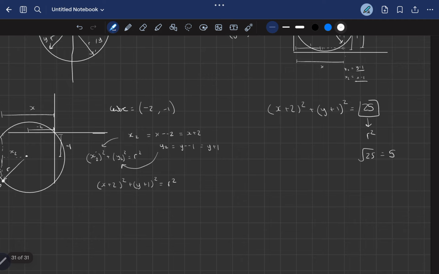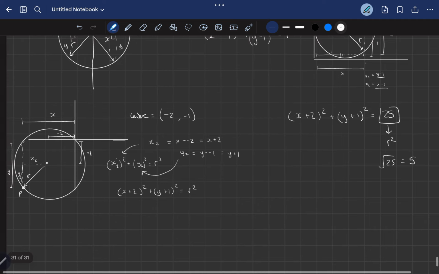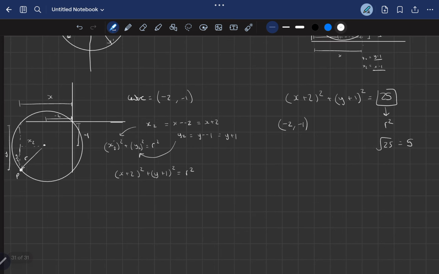Now, based on what we did earlier, which is the same as this, we just know that the center is negative 2, comma negative 1. But why? This comes from the general form. The general form is x minus a squared plus y minus b squared is equal to r squared, and the center is a comma b.